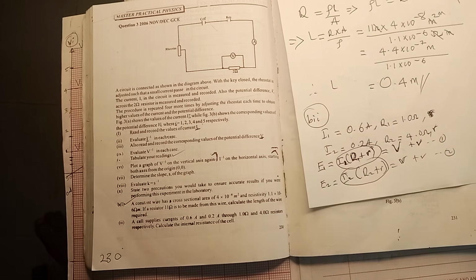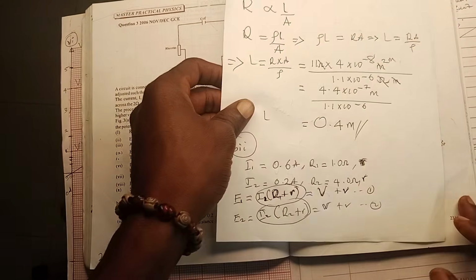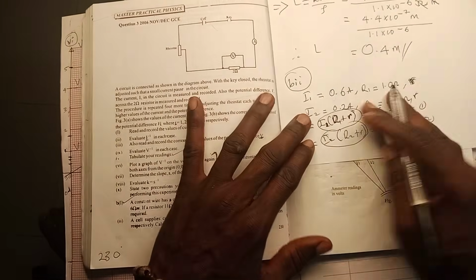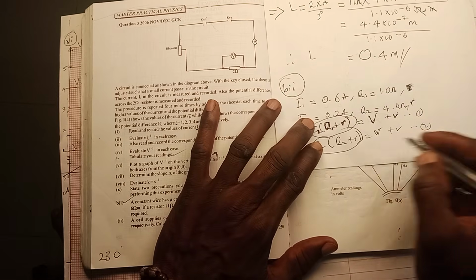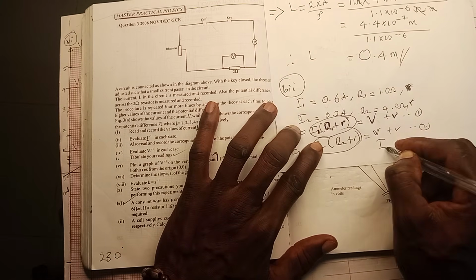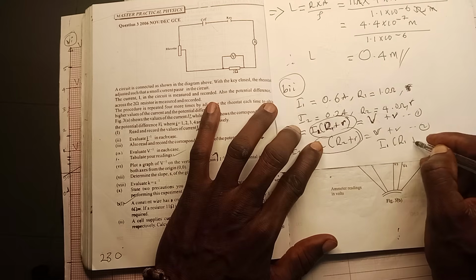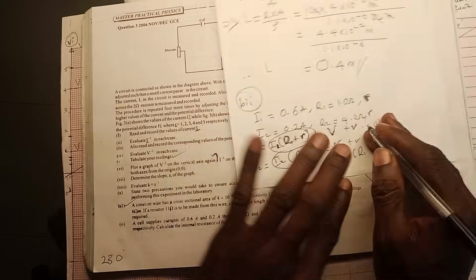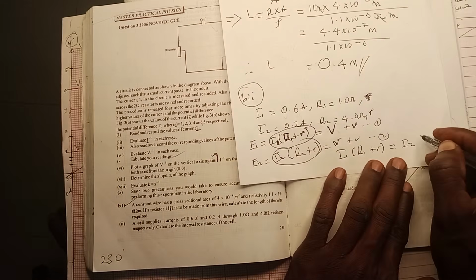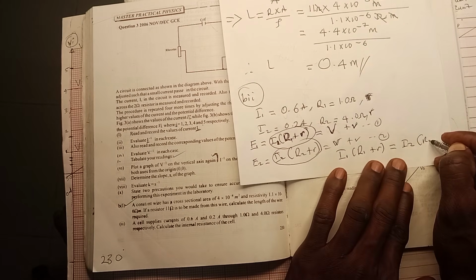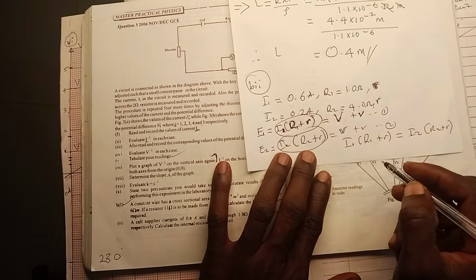If we do that correctly, we are going to have I1 into R1 plus R is equal to I2 into R2 plus R. We now substitute the values.